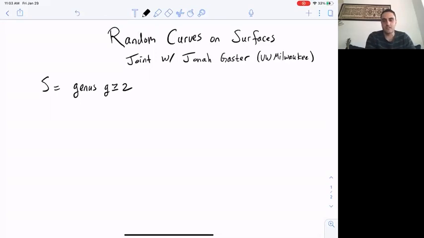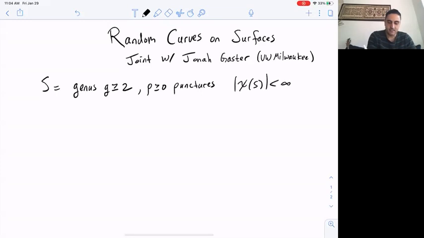I just want to make my life simpler in this talk. Maybe some number of punctures. I certainly don't want to consider infinite type surfaces, so let's assume that the Euler characteristic is actually finite.